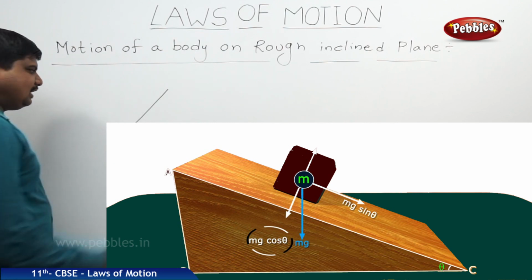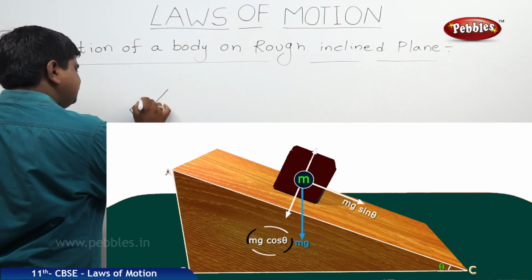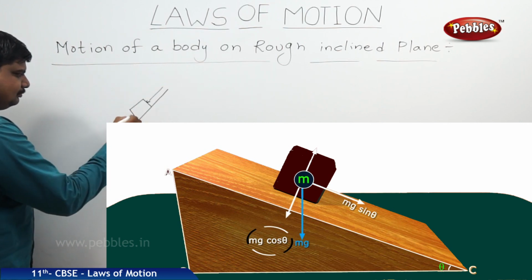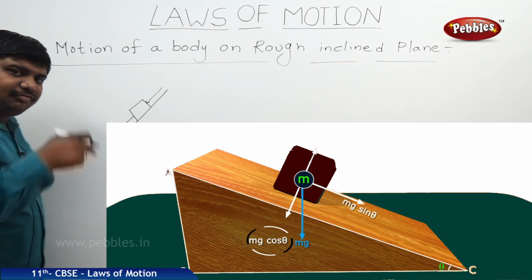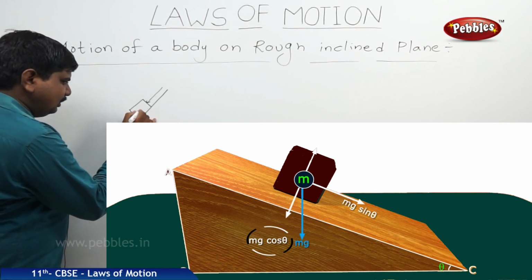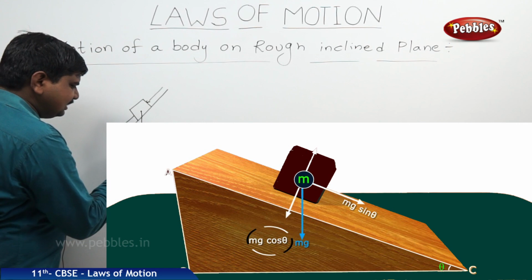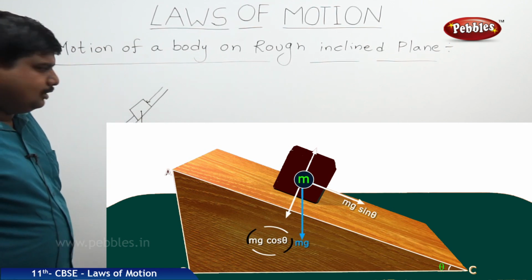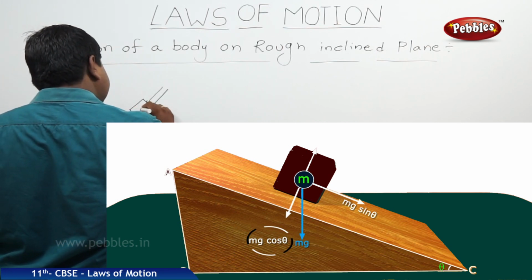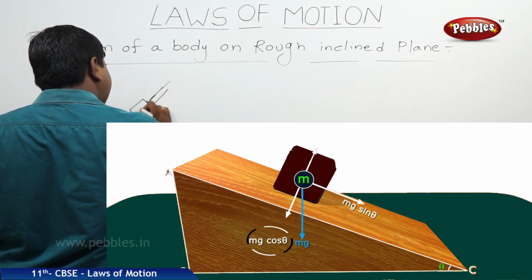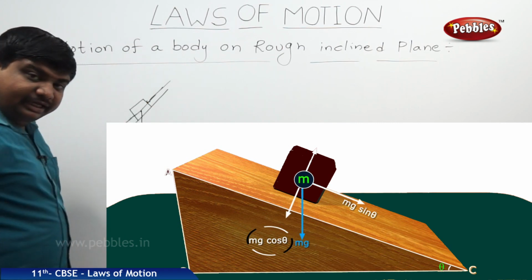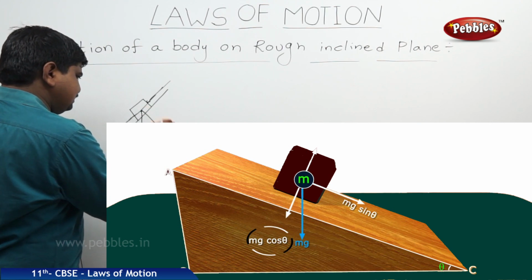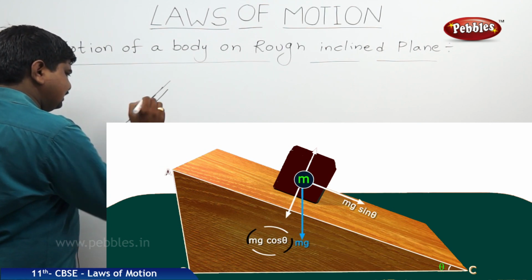This is the support of the inclined plane, and a body is just ready to slide on the board, or we can say that the body is sliding. The forces acting on the body are, one is gravitational force in this direction. This is mg. So with respect to the point of contact, if this is the line which passes through the center of the body, and we can draw a line like this, theta is the angle.